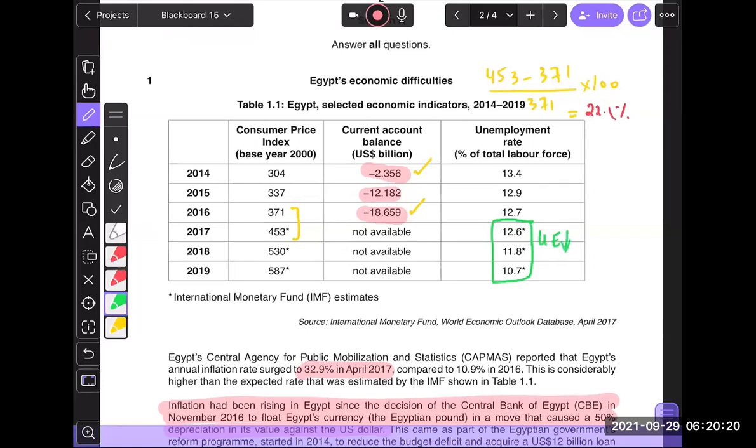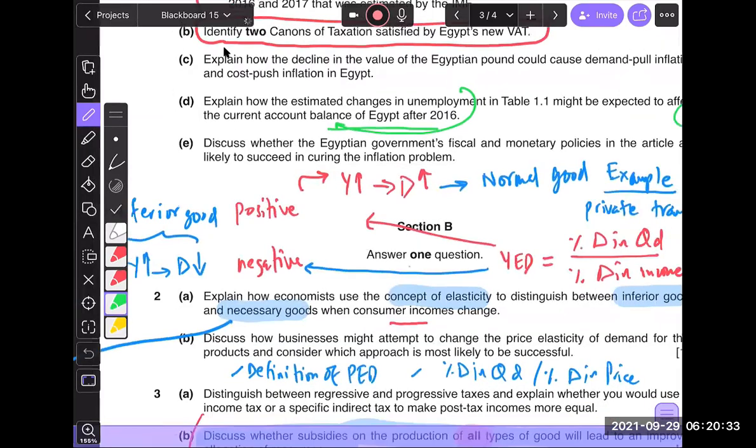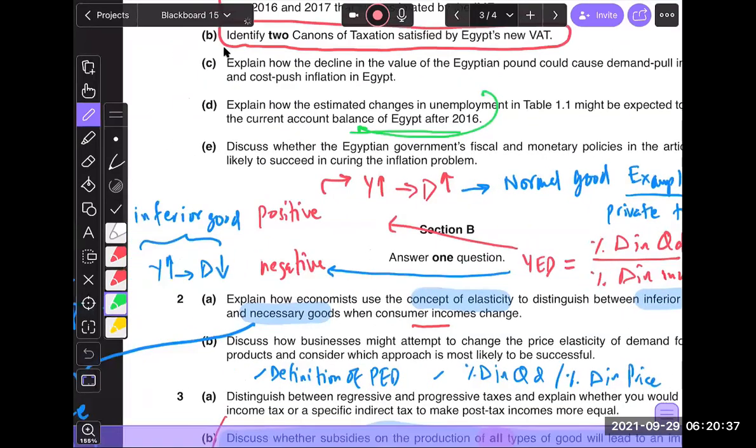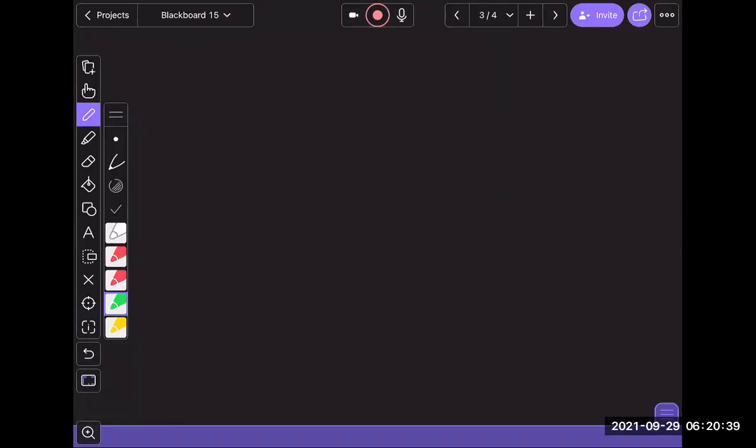Isn't that true? So first thing is that the unemployment rate is expected to fall from 2016 onwards. And the question is asking us how that affects the current account balance of Egypt. So it can affect it both ways. It can go up or go down.